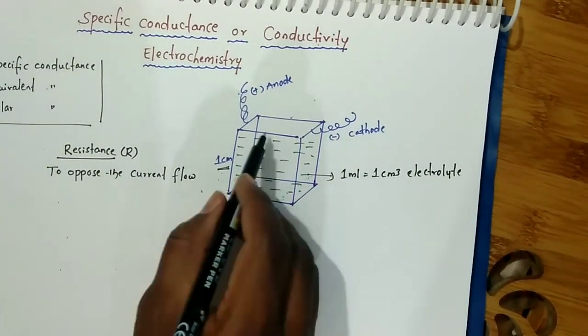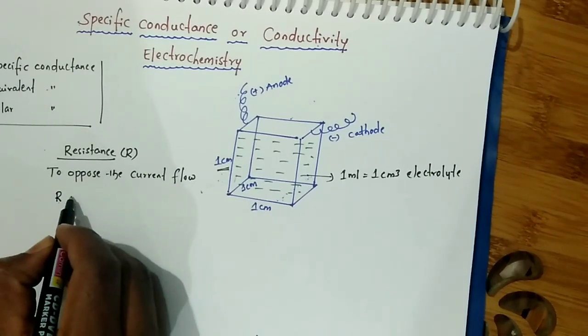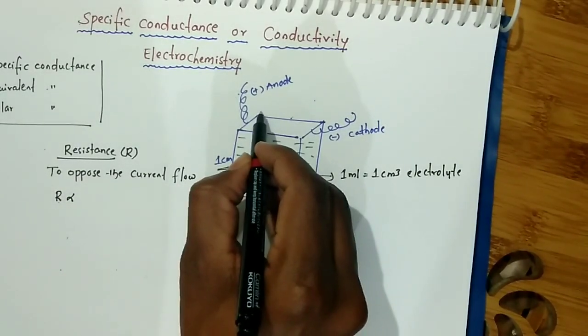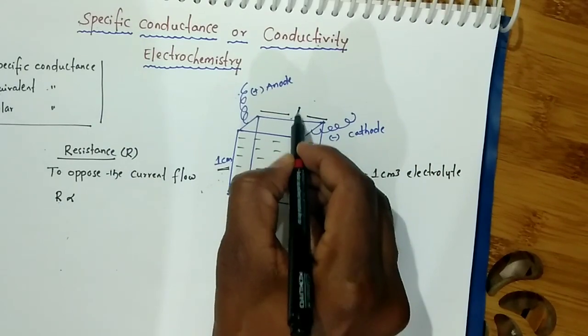So the resistance of this cell R is directly proportional to the distance between two electrodes.